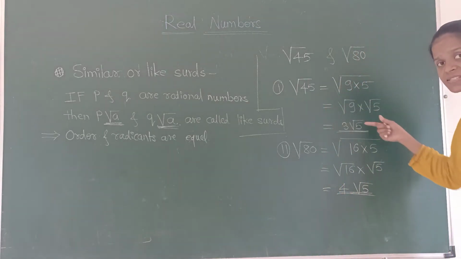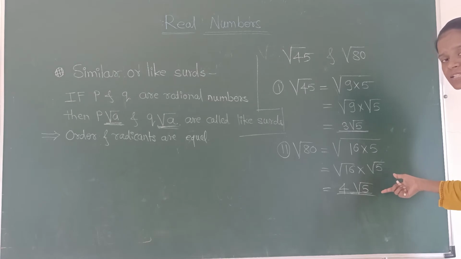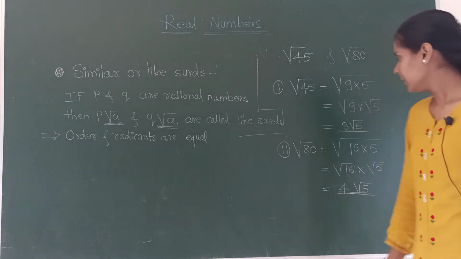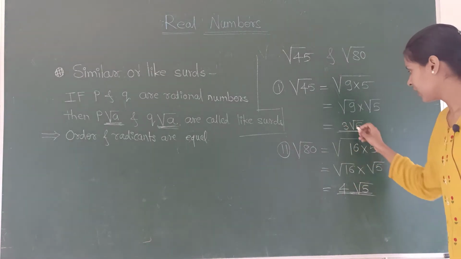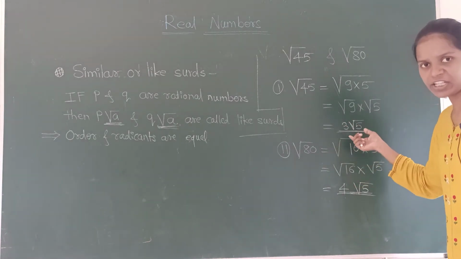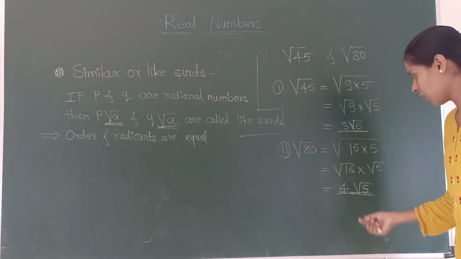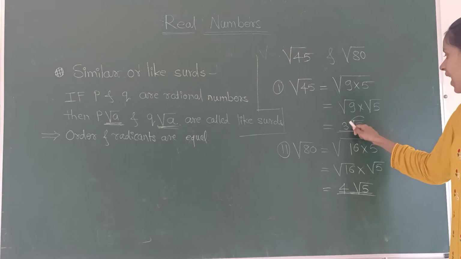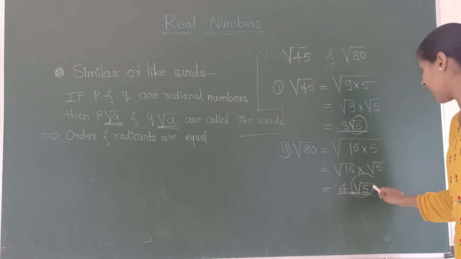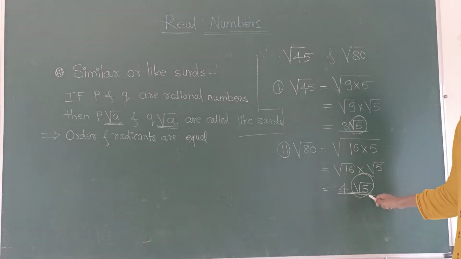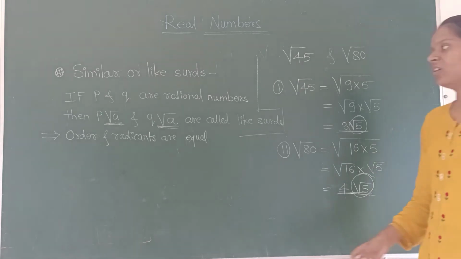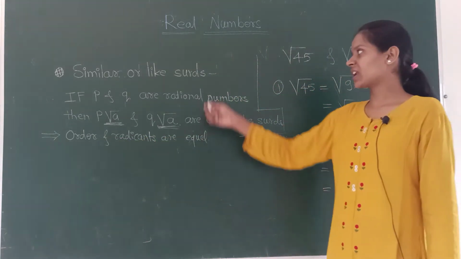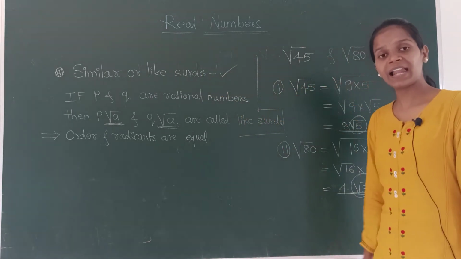Can we say these two surds are similar or like surds? Yes, we can say. Why? Because the order is the same. They haven't given any order, so the order is 2 here, and here the order is also 2. And the radicand is the same: you can see the radicand is 5 here and here. So if the order and radicands are equal, then the surds are called similar or like surds.